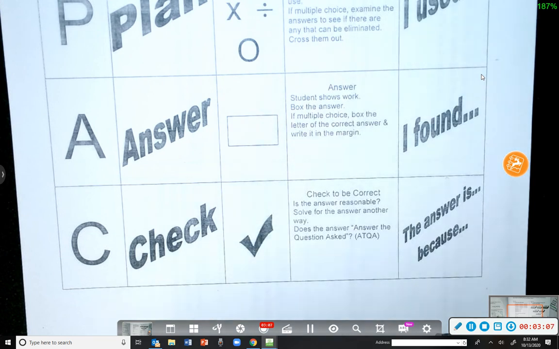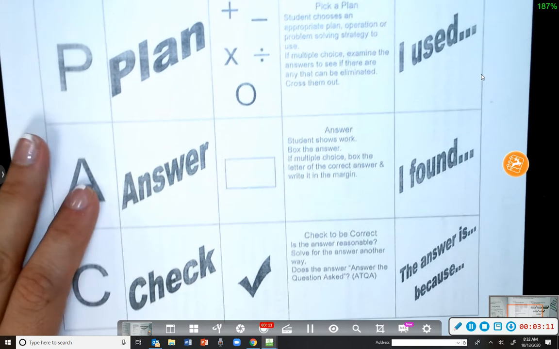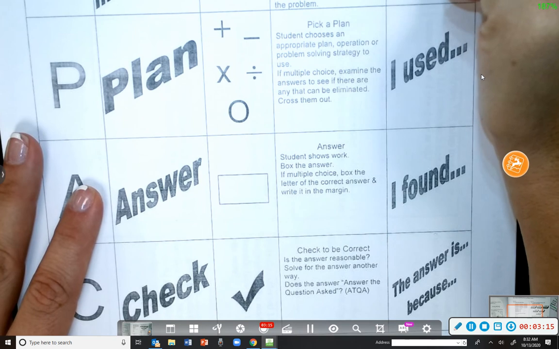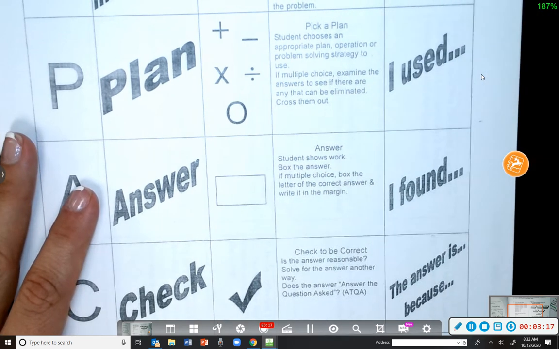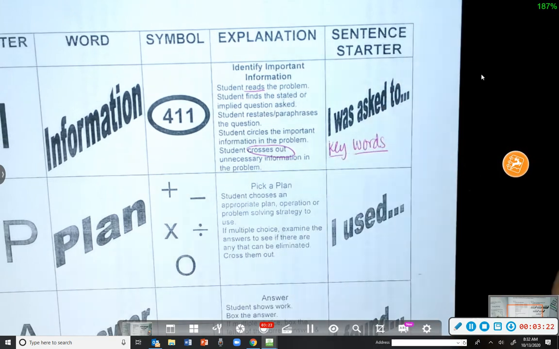Okay, now let's review real quick some key words. That would be here in this part. You look for key words. That's important information. Oh, y'all can't see it. So keywords. What are some keywords for addition? You remember, Kelsey?